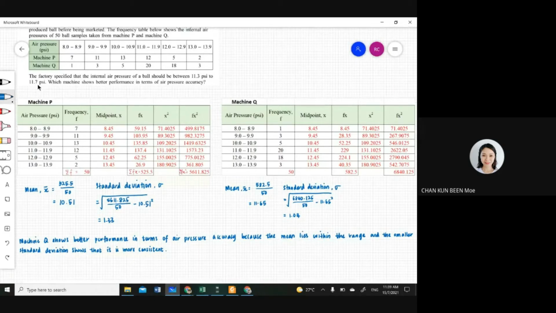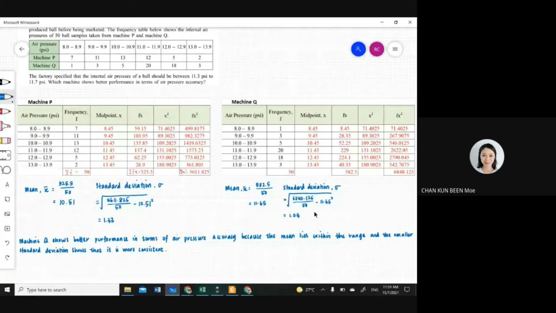So which one is better in that case? Machine Q, because the mean is within the range stated. So the answer is machine Q shows better performance in terms of air pressure accuracy, because the mean lies within the range.